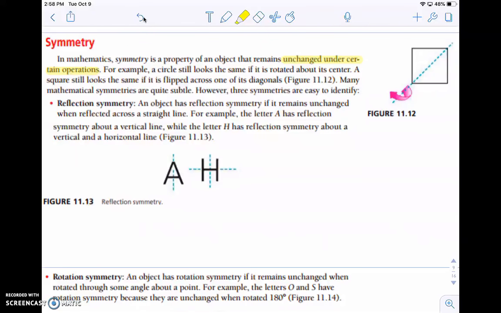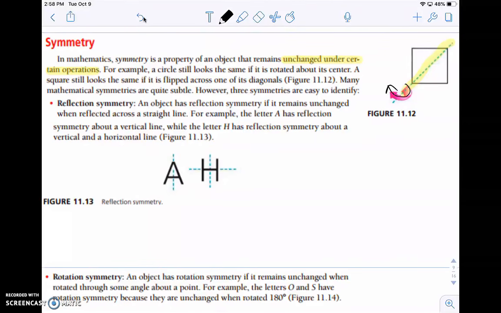You can't differentiate the circle if you pin down the center point and start rotating it. It will look the same. A square looks the same if you flip it across one of its diagonals. If you imagine drawing this dotted line and then flipping it around, it's going to look like the same square. So that's the idea of symmetry.